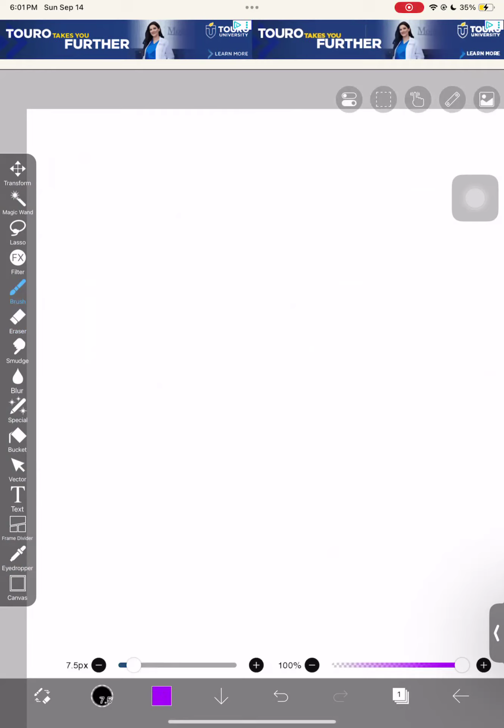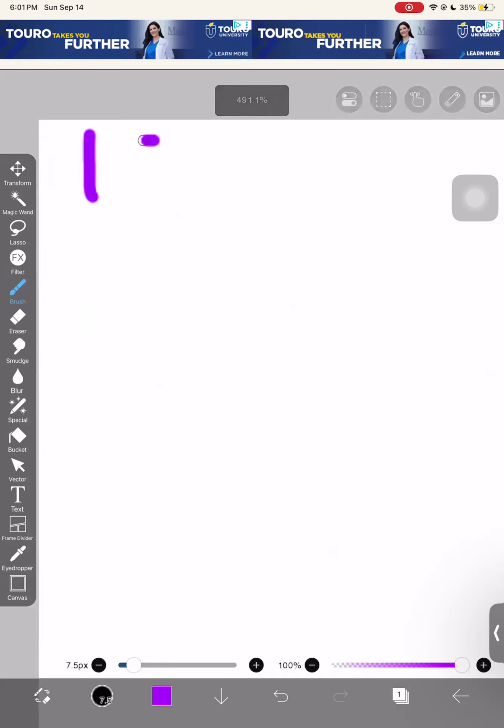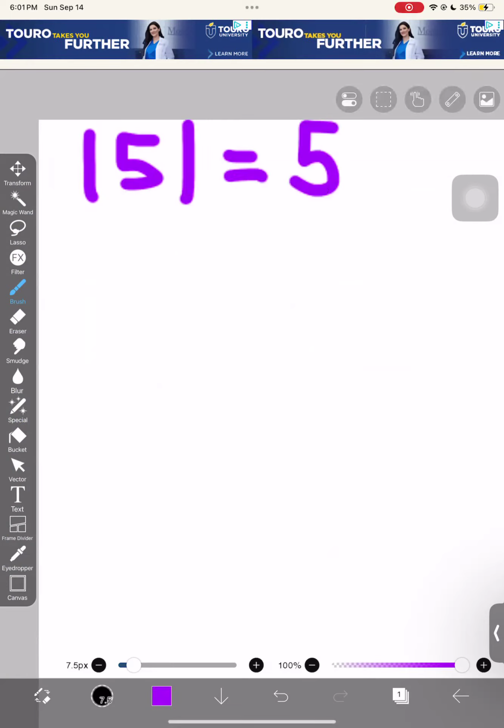Let's look at some absolute value. So absolute value is just the distance between that number and 0. So for example, the absolute value of 5 is just 5.